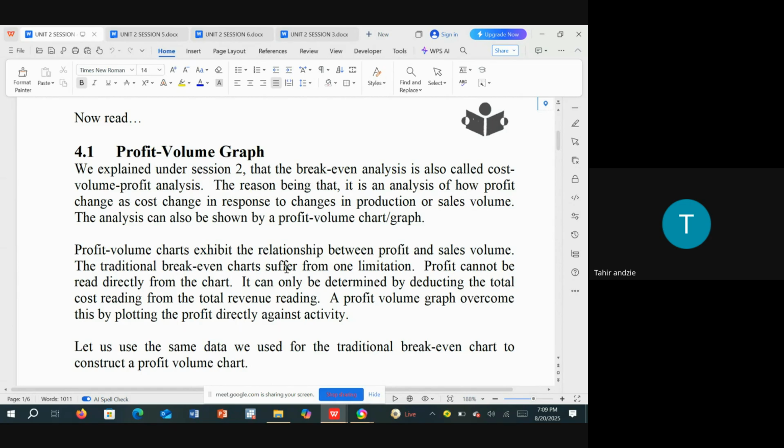The profit volume graph overcomes this problem by plotting the profit directly against the activities. So sometimes if you have done the traditional break-even chart, you want to look at the profit volume chart as well to see what is happening.